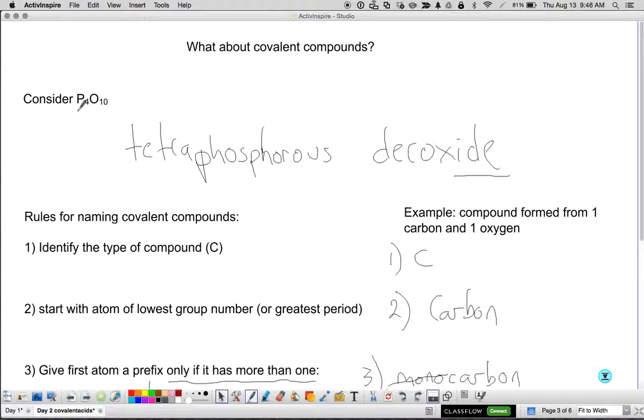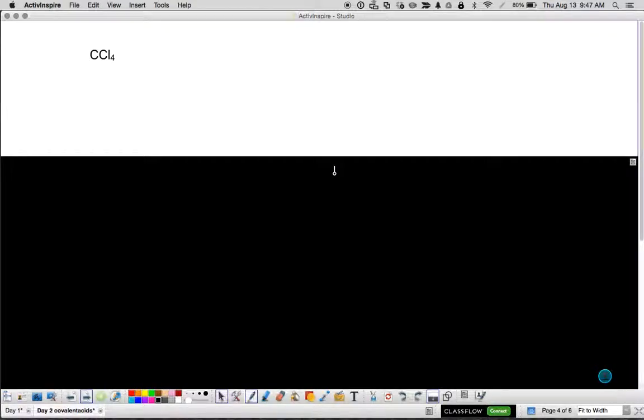Okay. So I got some examples. Okay. So here's example 1. A carbon with 4 chlorines. So we're going to go through, we're going to identify the type of compound. This is covalent, which I can tell because those are both nonmetals.